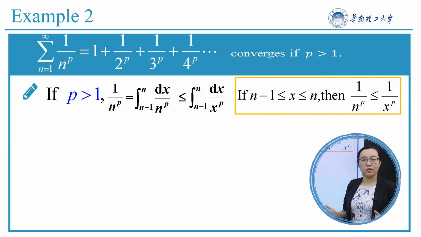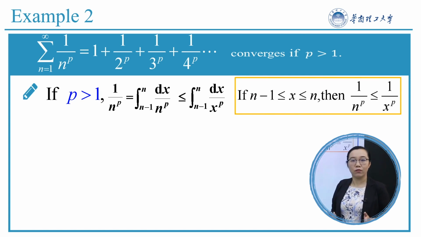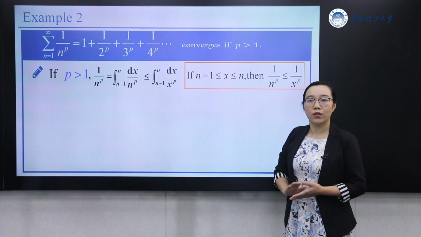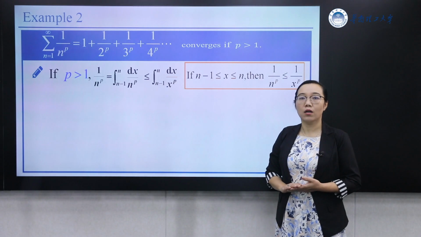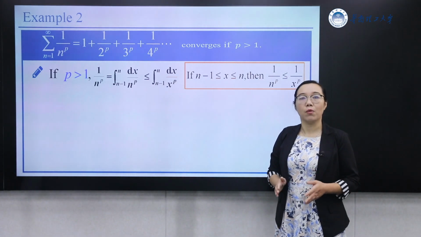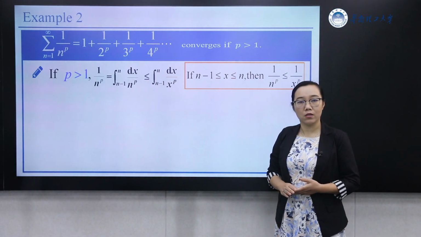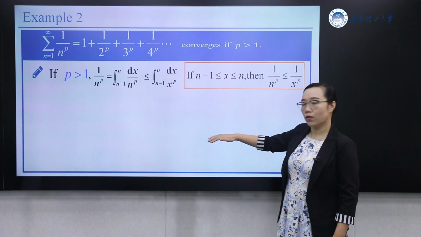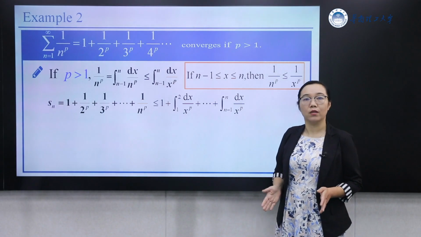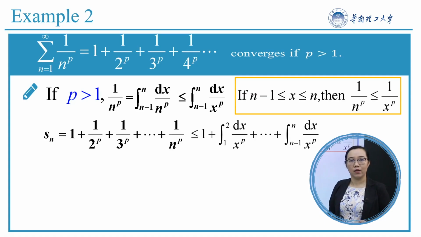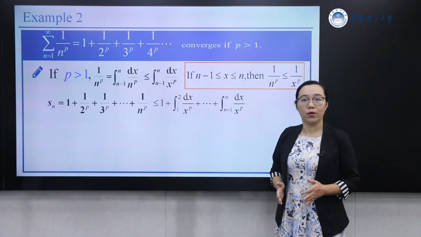Note that the integral variable is between n minus 1 and n, which is less than or equal to 1 over x to the power p with the same integral interval. Namely, if x is between n minus 1 and n, then we have the following expression.